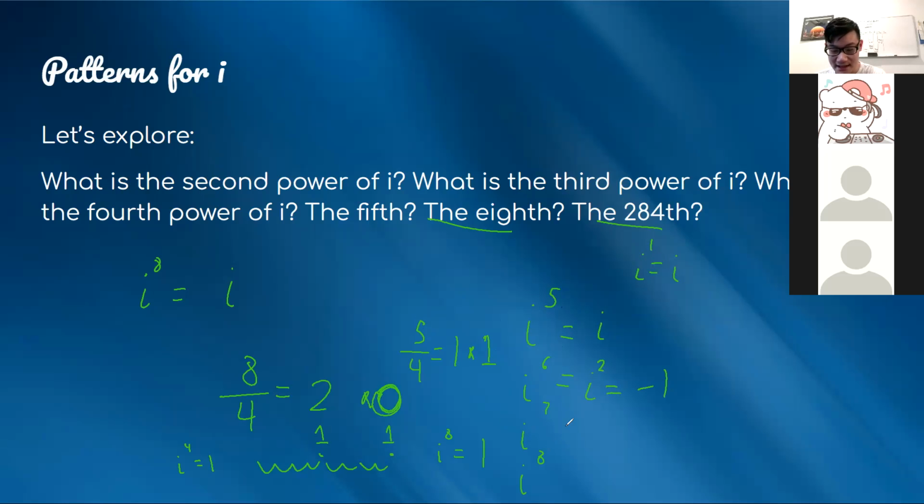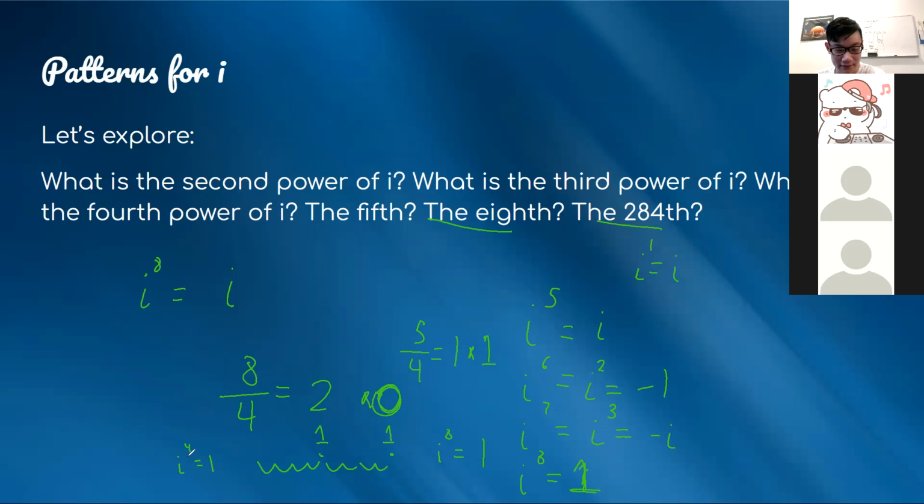And for this one, I to the 7th, I would do 7 divided by 4, which has remainder 3. So it would be I to the power of 3, because 3 is the remainder. And we know that I to the power of 3 is -I. Same for this. 8 divided by 4 has a remainder of 0. So it's just 1.